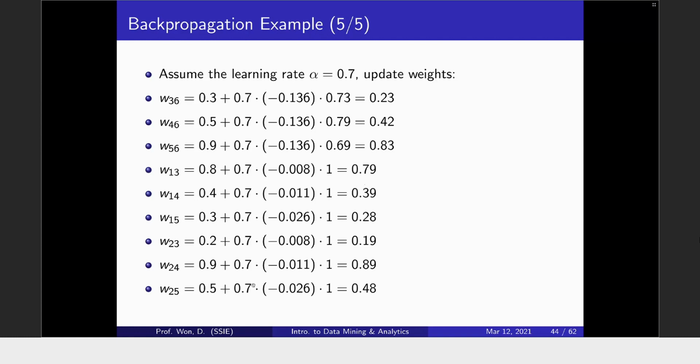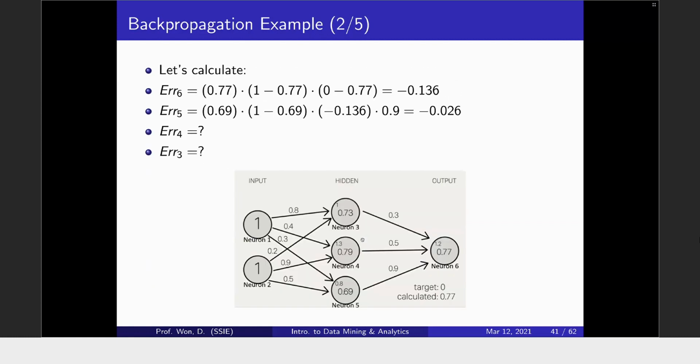As you can see, in most cases, our weight numbers are decreased. Then if we apply all these weight numbers in here and then calculate, I'm pretty sure 0.77 is very, very close to 0.